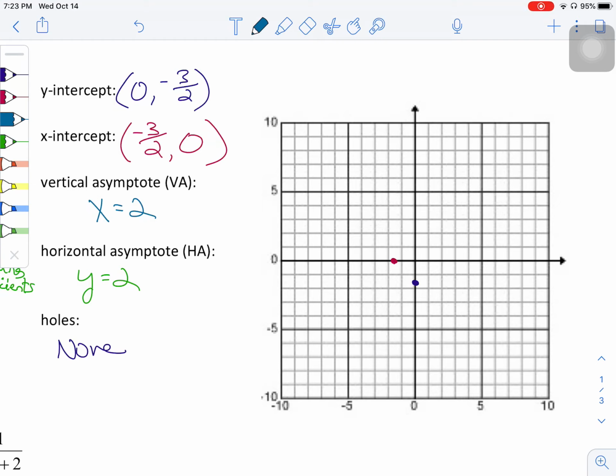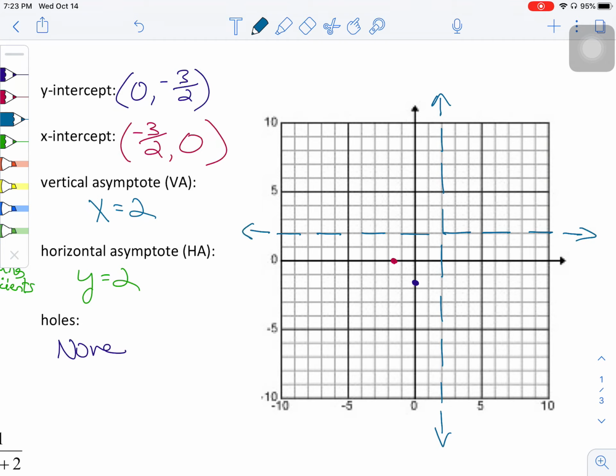It's what your curve approaches. So for the vertical asymptote, I'm going to come over here and give myself a vertical asymptote at x equals 2. And a horizontal asymptote, y equals 2. Get that in there. Okay.